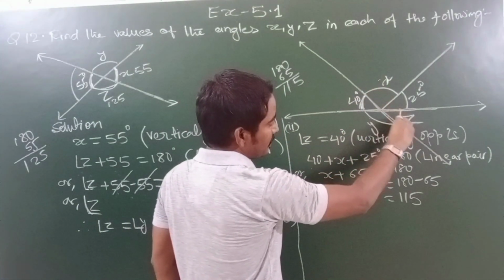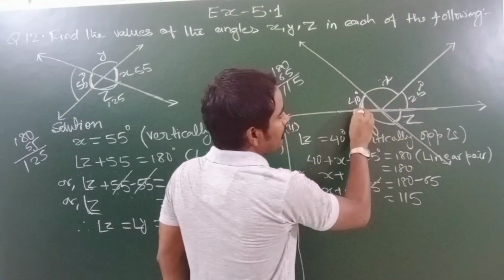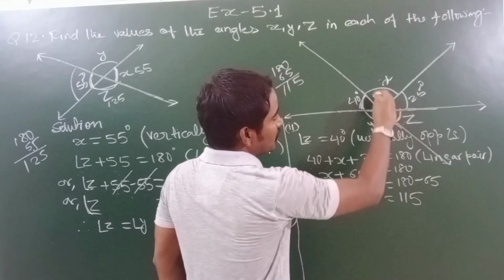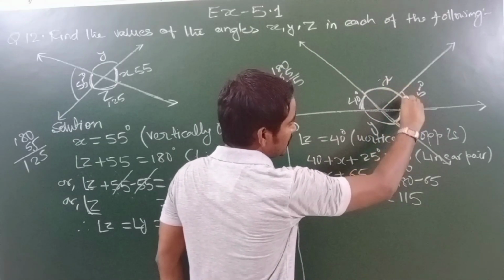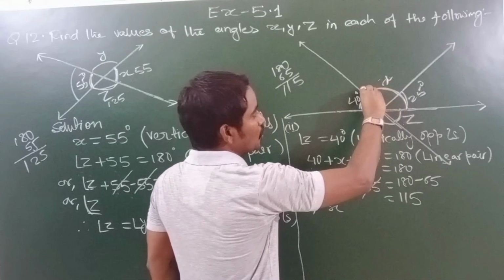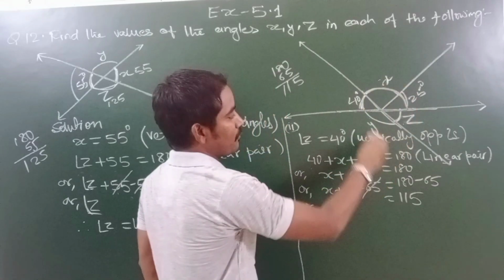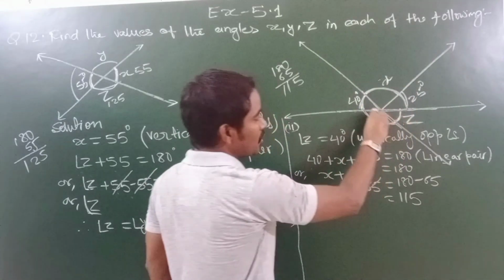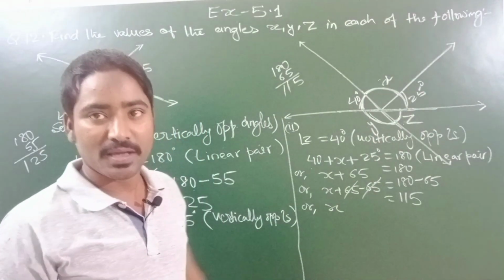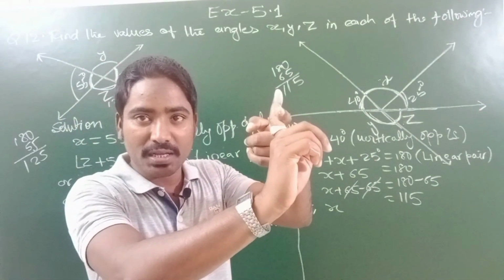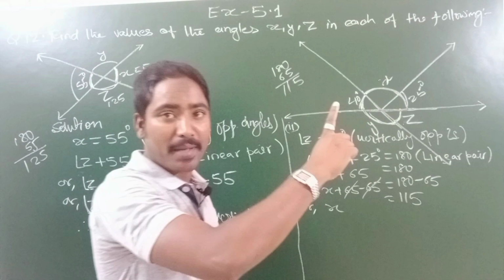Okay, now look at my hand students. See this line, and this line are cutting at this point, right? So this complete angle, I am talking about angle x plus 25, will be equal to y or not? Why? Because both are vertically opposite angles. Look at my hand once again.